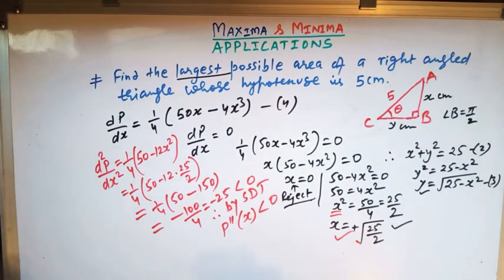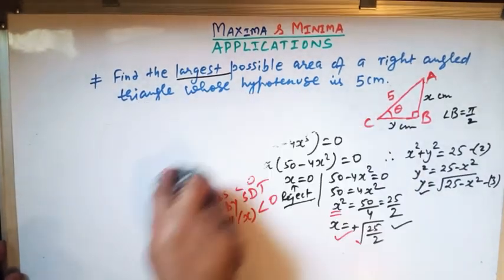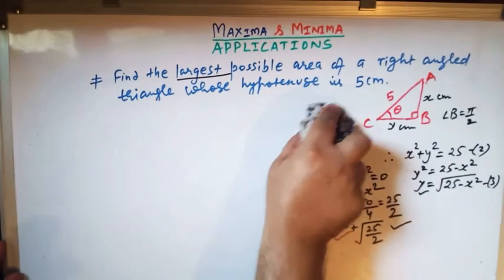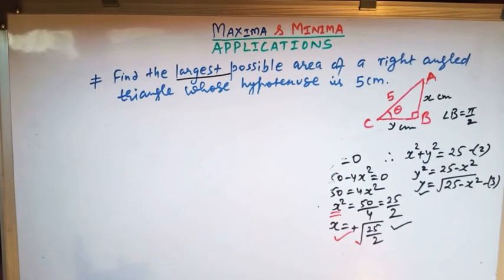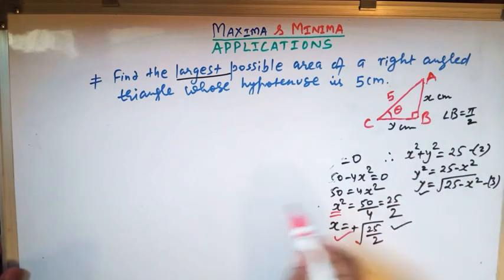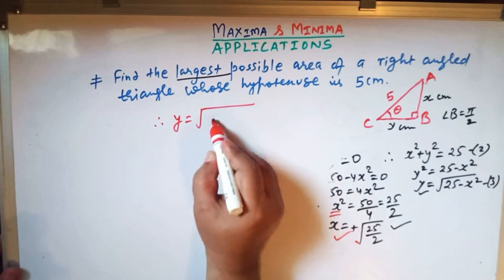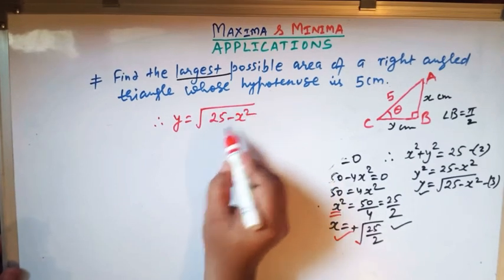Clear? Now to find the maximum area, first we'll find the value of y. So what is y? Therefore y is square root of 25 minus x square.